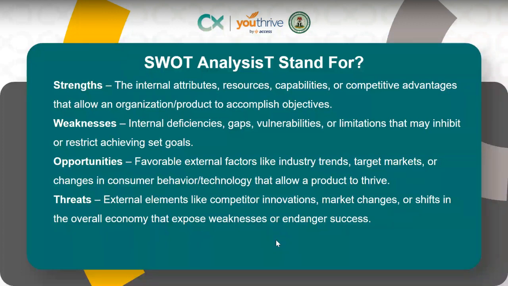All right. We have the strength. Strength is the internal attribute, resource, or capability. Your resource could be in terms of money, network, and things like that. Capability could be in terms of the number of your developers, the number of people on your team, what infrastructure you have, and things like that.